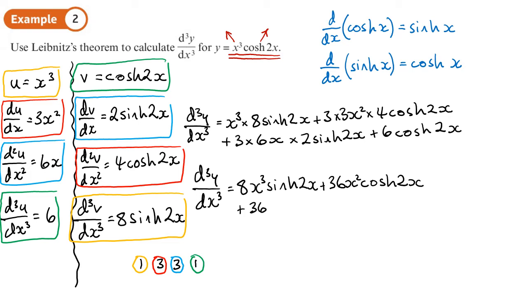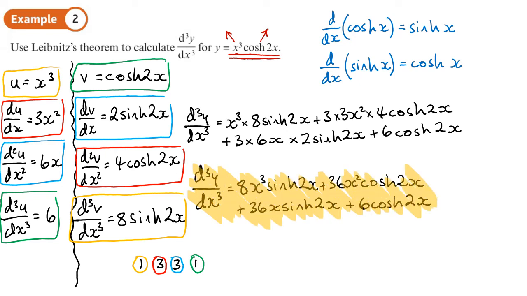So 36x sinh 2x plus 6 cosh 2x. Yeah, we don't have any like terms, so that's going to be our final answer. We can't simplify it like we did the last one. So there we go, using Leibniz's theorem to work out this third derivative of that product.